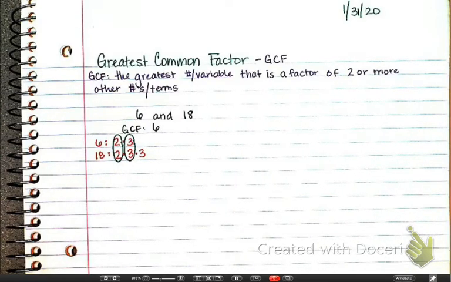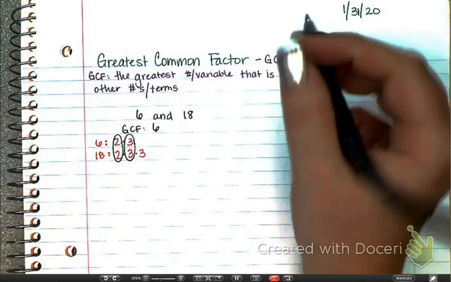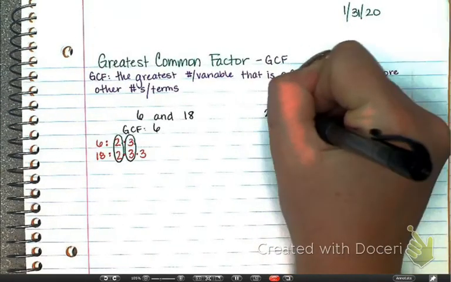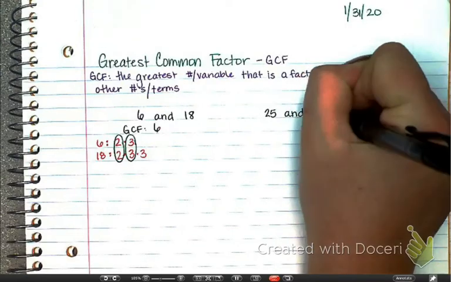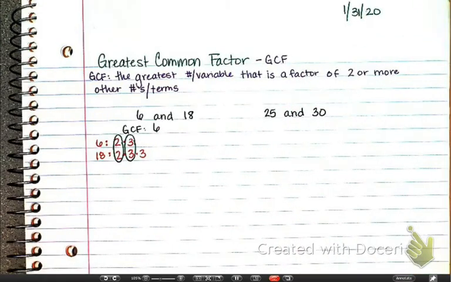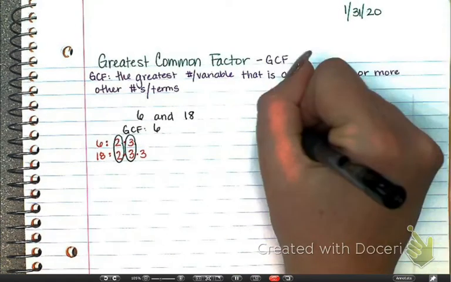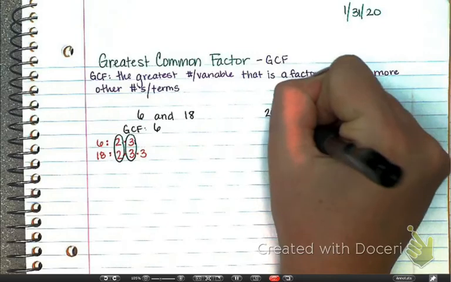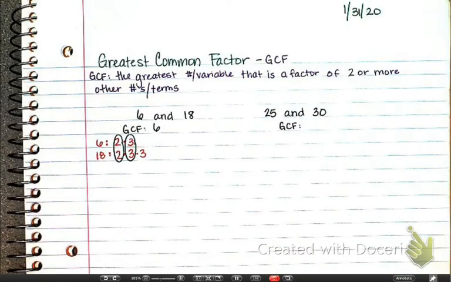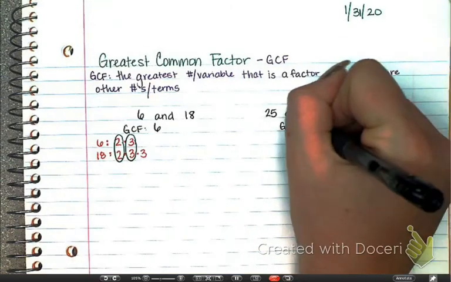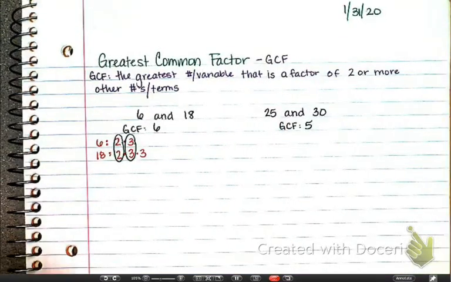You okay with that? Okay, so what if I give you 25 and 30? What's the largest number that goes into 25 and 30? What's the largest number? 5. Okay, so we're saying that it's 5. I'm going to break it down to be sure.